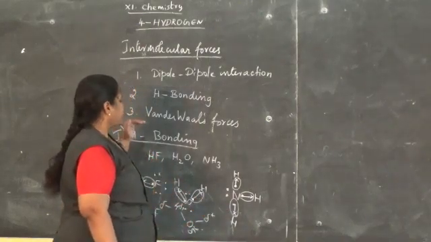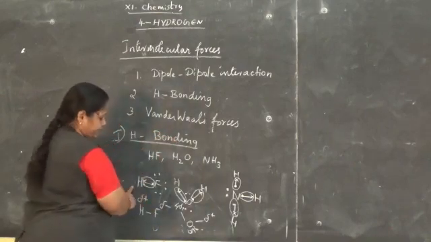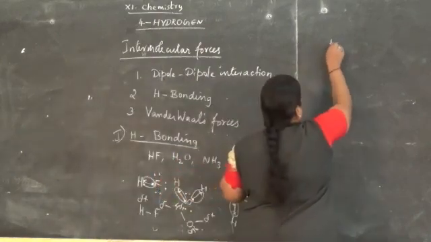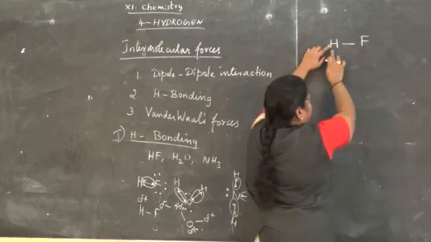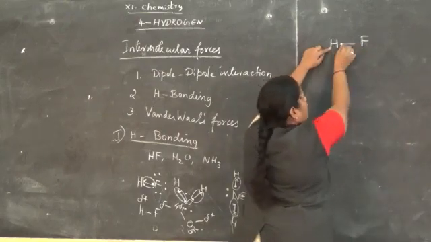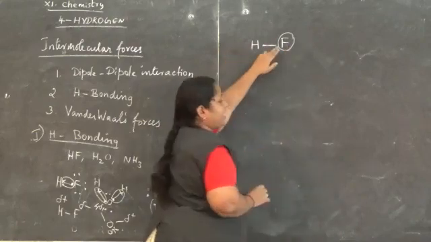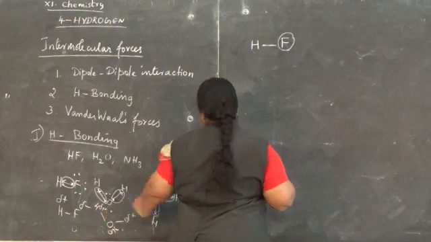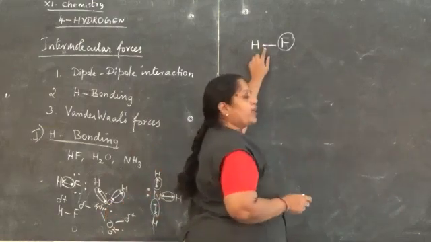So what is the meaning of hydrogen bonding? When a hydrogen atom is covalently bonded with a highly electronegative atom such as fluorine, oxygen and nitrogen, then the bond is said to be polarized.